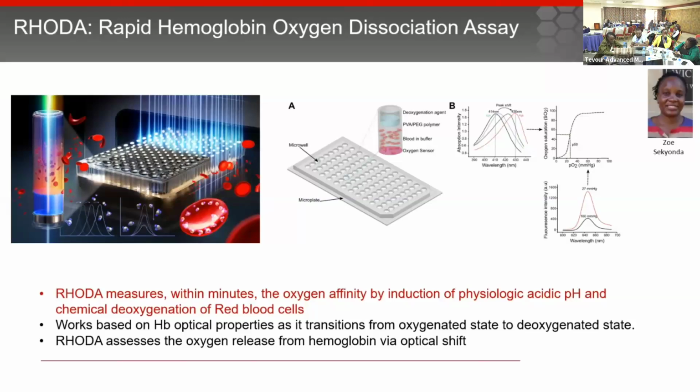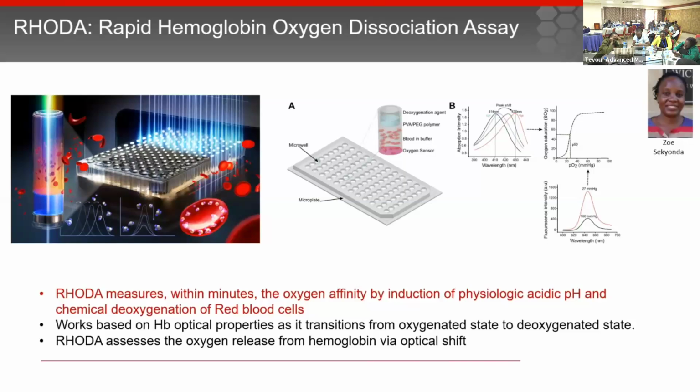So part of my PhD, before I even studied the mechanism, we had to find a way to measure these different parameters, so that we can easily study them. We've developed a high throughput assay that measures oxygen affinity. It is based on properties of hemoglobin as it changes from a fully oxygenated state to a deoxygenated state.